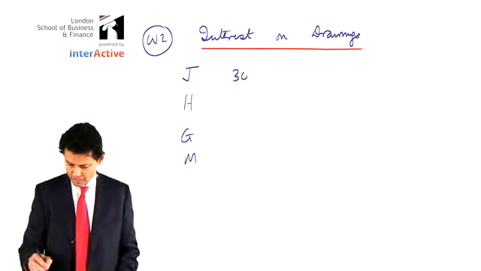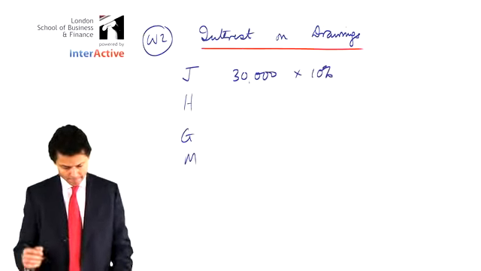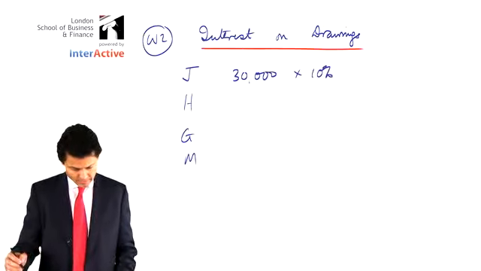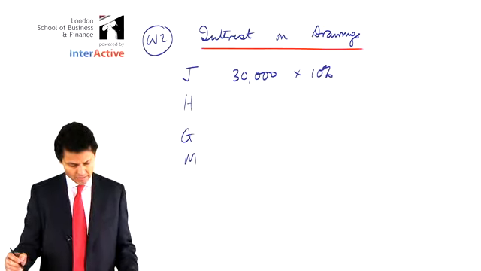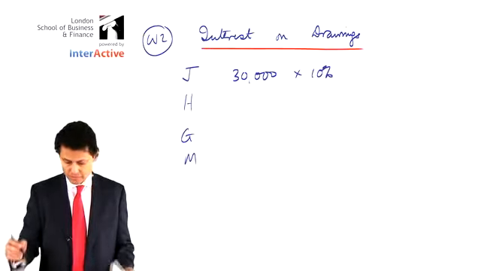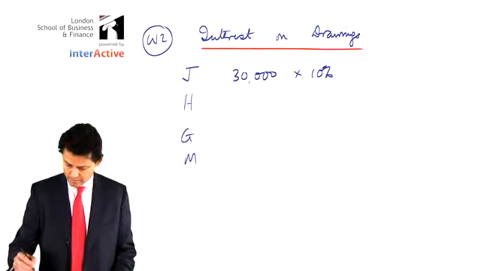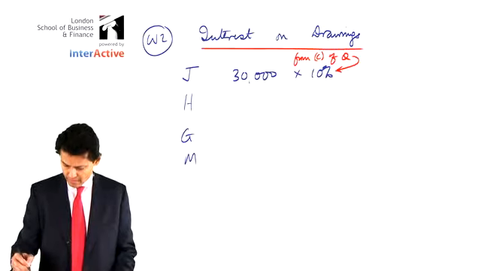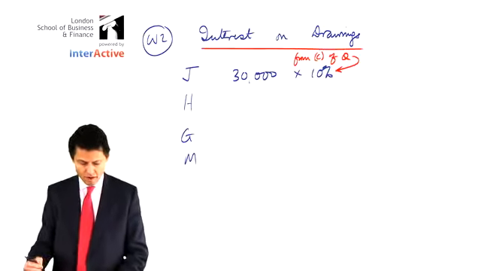So if I put in 30,000 and multiplied by 10%, the 10%, of course, interest on drawings is given to you on the second page, point C. So from point C of the question on the second page is where I got the 10% from.